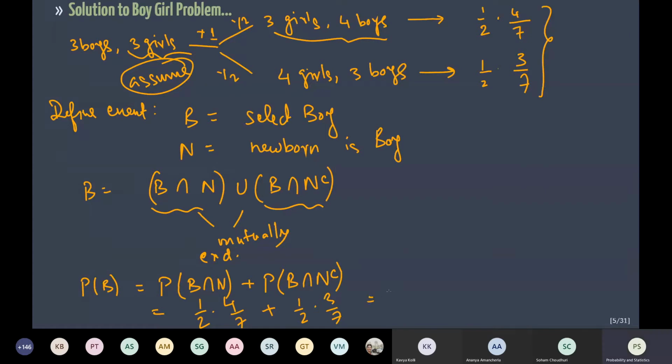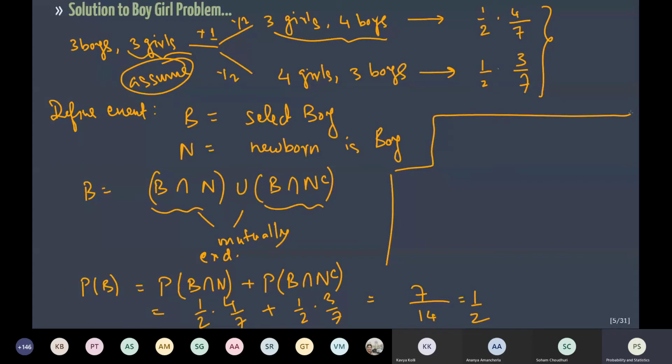So this is how much? You have 14 here and then 7 on the top, so this comes out to be half. Okay, so this is what we have calculated.